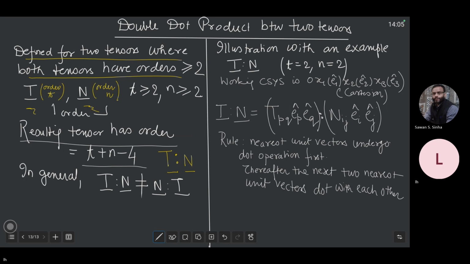Okay. So following this rule, the first dot product will be between this and this. They will come together, dot with each other. Their identity will vanish in a manner of speaking. And then whoever is coming from the left, next one, whoever is coming from the right, next unit vector, they will be asked to dot with each other. Let's see what turns out to be.